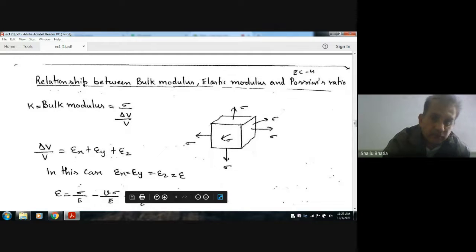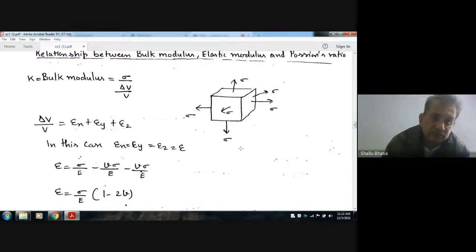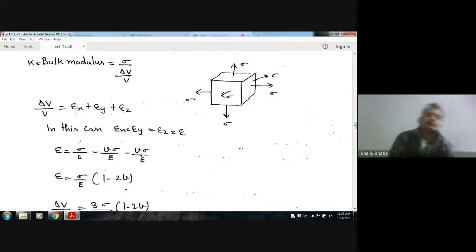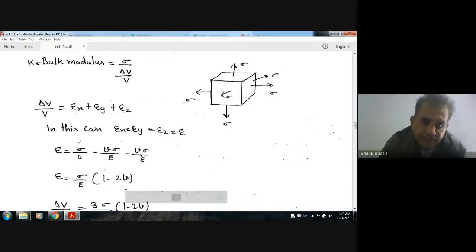When we take a cube and it is subjected to hydrostatic stress, then epsilon x, epsilon y, epsilon z will be the same, equal to epsilon. So epsilon in this case will be sigma by E, minus mu sigma by E, minus mu sigma by E, and it will be the same in x, y, and z directions.